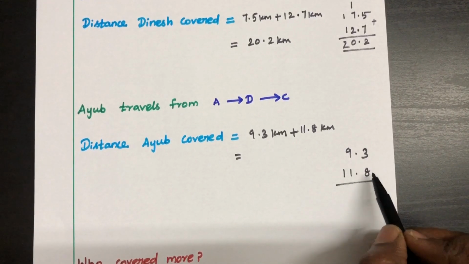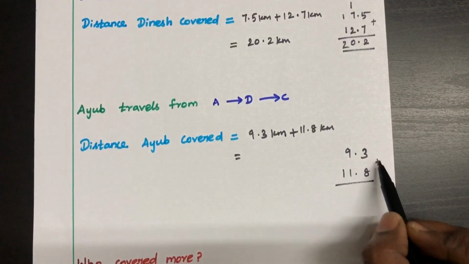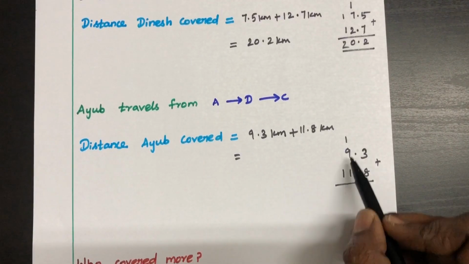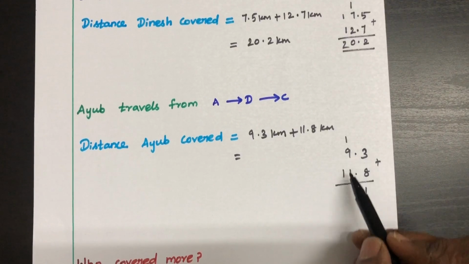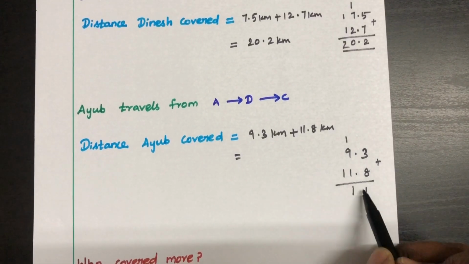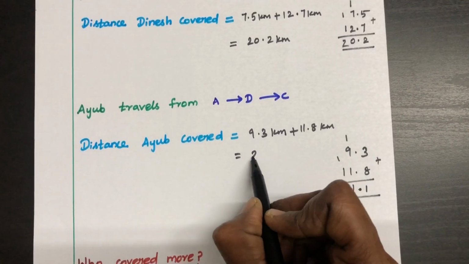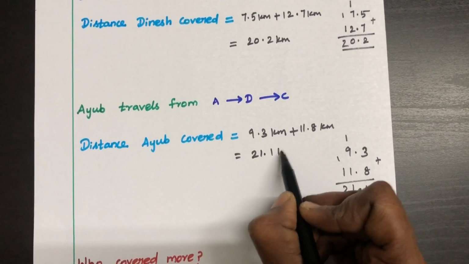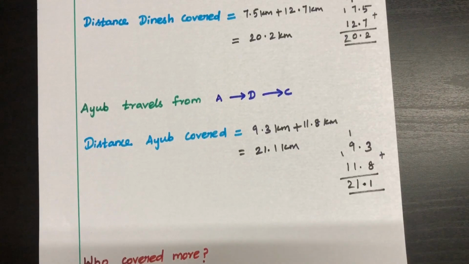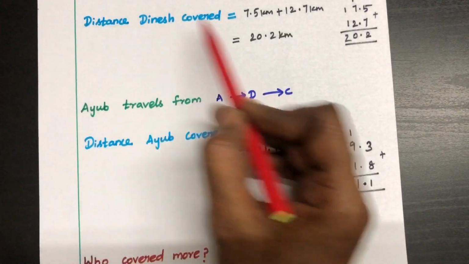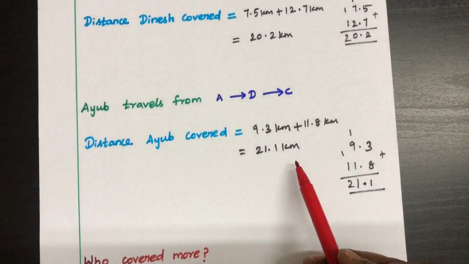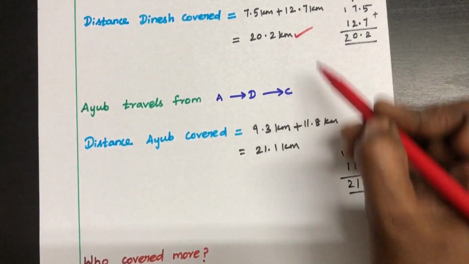So if we add these two, 8 plus 3 is 11. Again 9 plus 1, 10 plus 1, 11. So 21.1 kilometer. See the Dinesh distance and Ayub traveled distance.